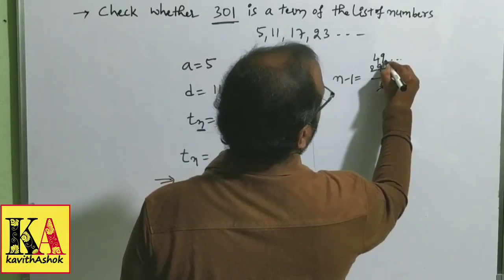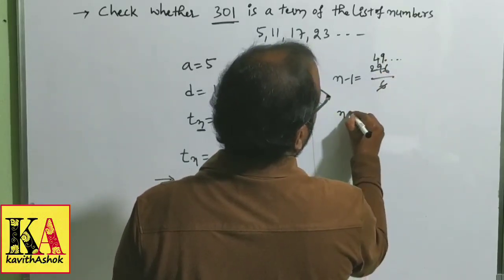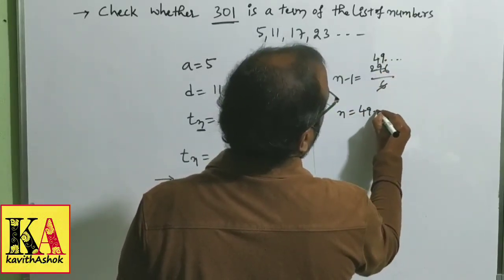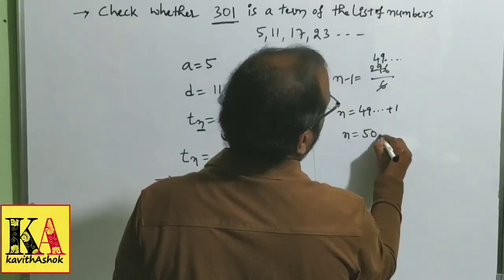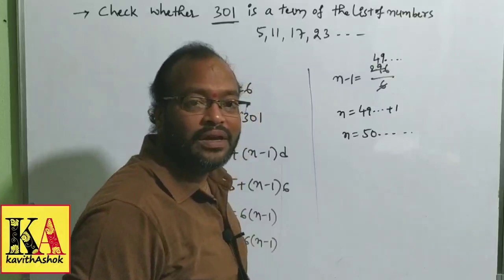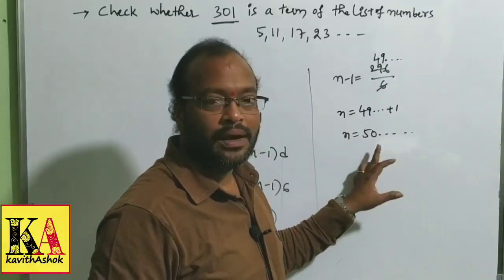So point something, in the sense here, n is equal to 49 point something plus 1, n is equal to 50 point something. The term can never be in the non-decimal, non-integer form.